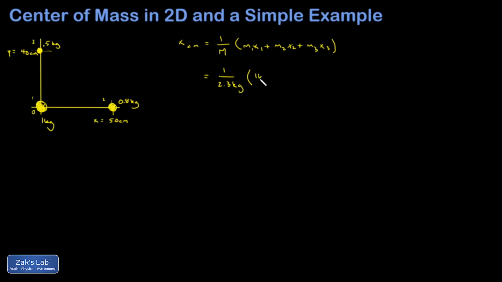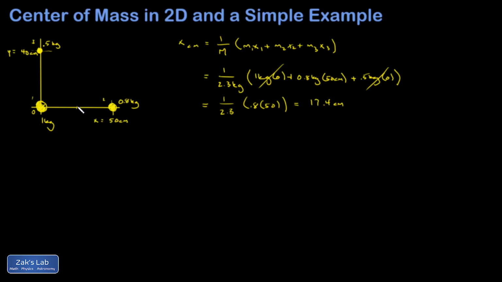So M1 is 1 kilogram, but its x-coordinate is 0. M2 is 0.8 kilograms. Its x-coordinate is 50 centimeters. And M3 is 0.5 kilograms, but its x-coordinate is also 0. So both those terms vanish. And I get 1 over 2.3 times 0.8 times 50, and I crunch those numbers and get 17.4 centimeters for the x center of mass coordinate.